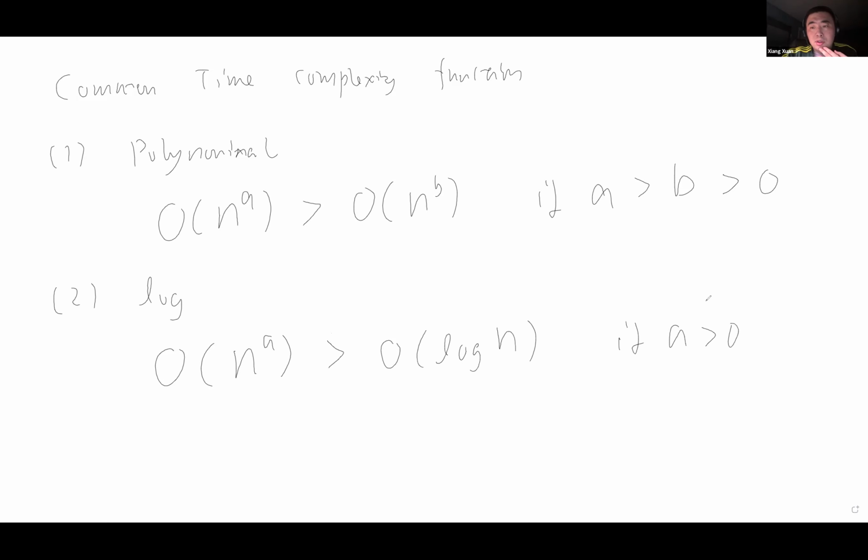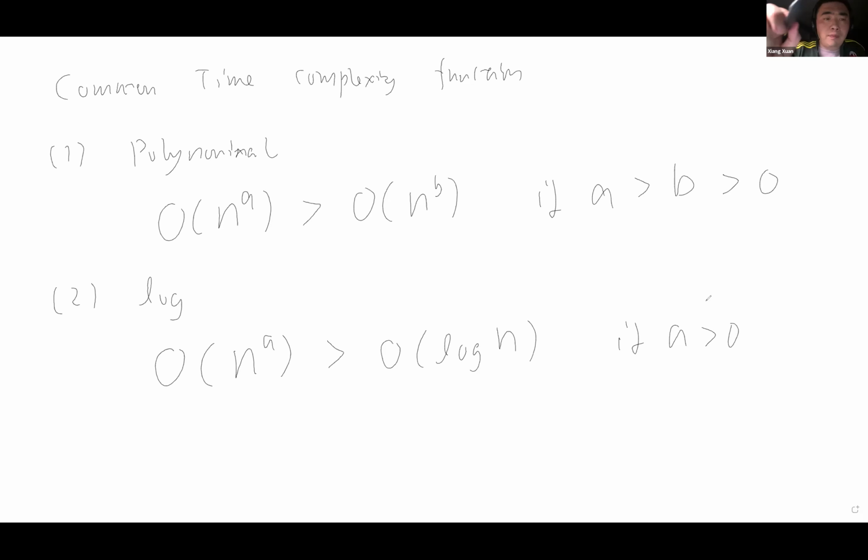A is normally a positive integer, but A can also be something like square roots or cubic roots. So this is something you need to be aware of, but this still stands.